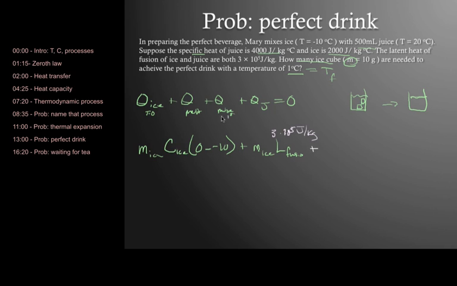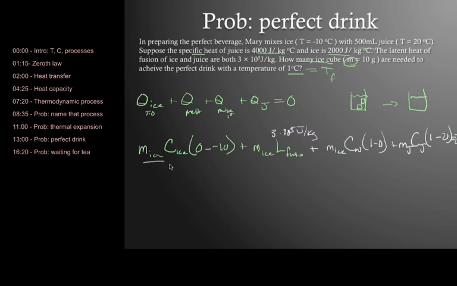And then we need to add on raising the temperature of the ice up to 1 degree Celsius, so this is 1 minus 0. And then we need to add on what's going to happen to the juice. So M of the juice, C of the juice, and now times 1 minus 20, since it starts off at 20. And then all this is equal to 0.